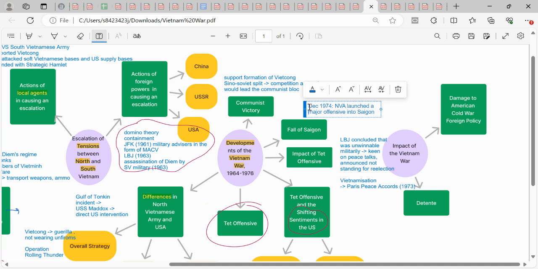Other impacts of the war. What happened to American allies who were there? It wasn't a massive slaughter. The South Vietnamese allies of America were sent to re-education camps when the communists won.